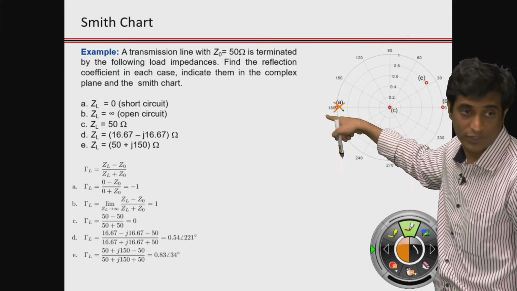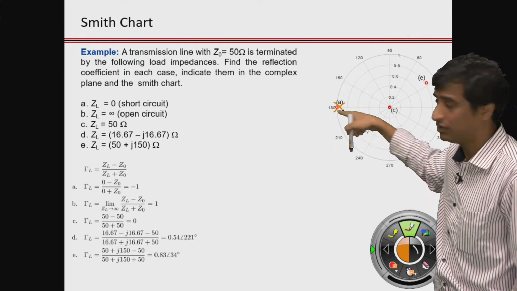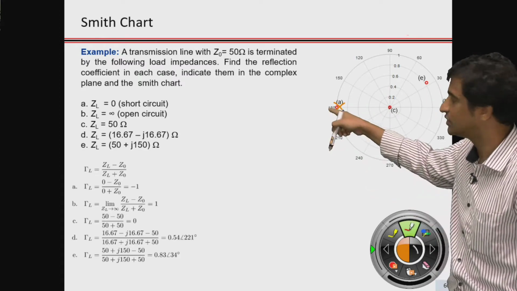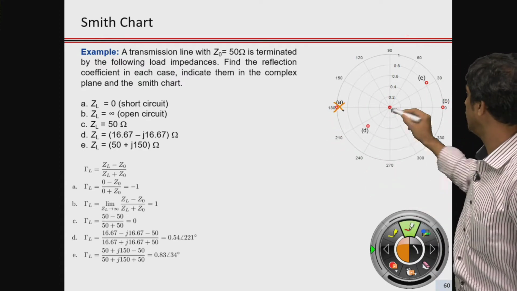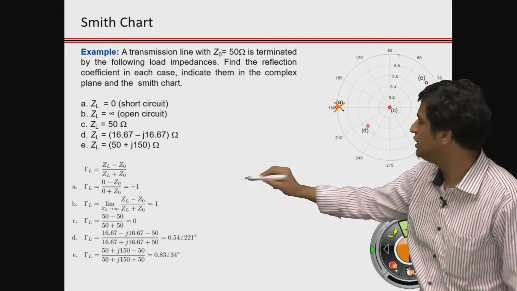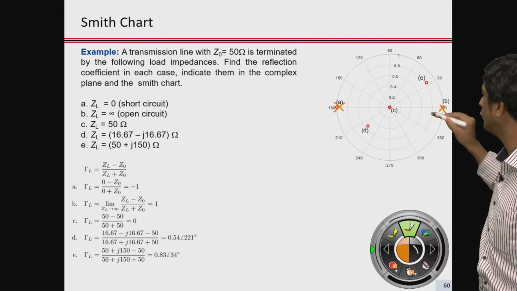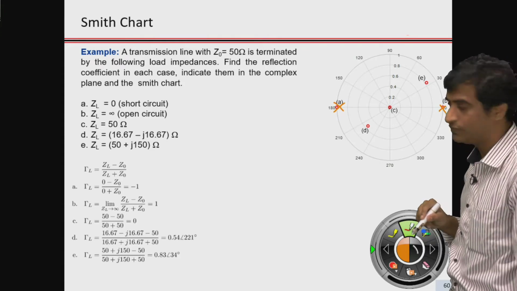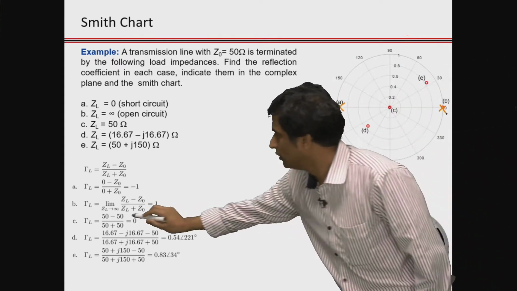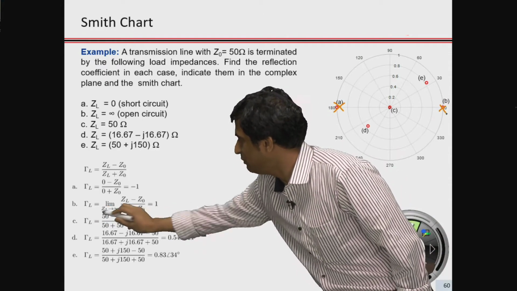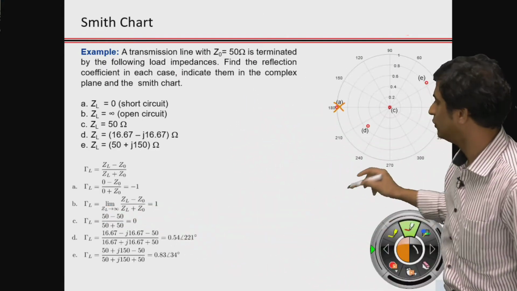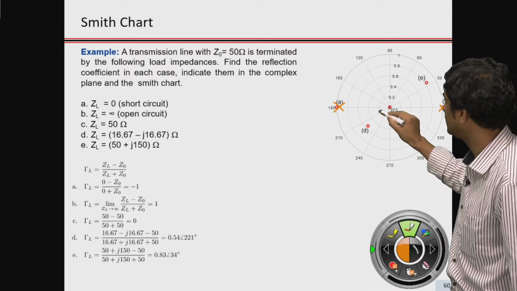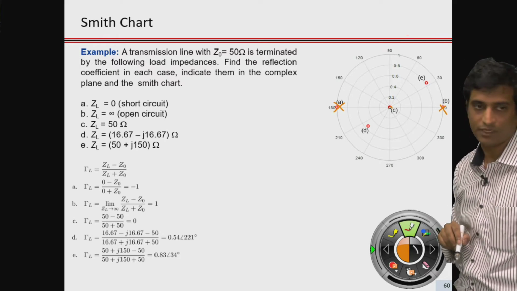The left half is minus 1, meaning the magnitude is 1 and the phase is 180 degrees, which represents a short circuit. An open circuit, which is the load B, maps to plus 1, which is this point over here, a magnitude of 1 and a phase of 0. The third impedance is 50 ohms, the matched load, which offers a reflection coefficient of 0, which means we are right at the center of the complex gamma plane.